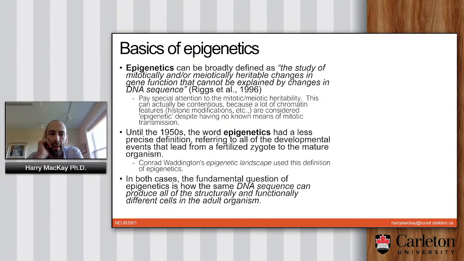So, the thing that you want to look at when you're talking about epigenetics is the mitotic/meiotic heritability. There's lots of things that can affect the function of genes that are not heritable. You can have different levels of transcription factor expression in a cell. That doesn't tend to be inherited across cell divisions.